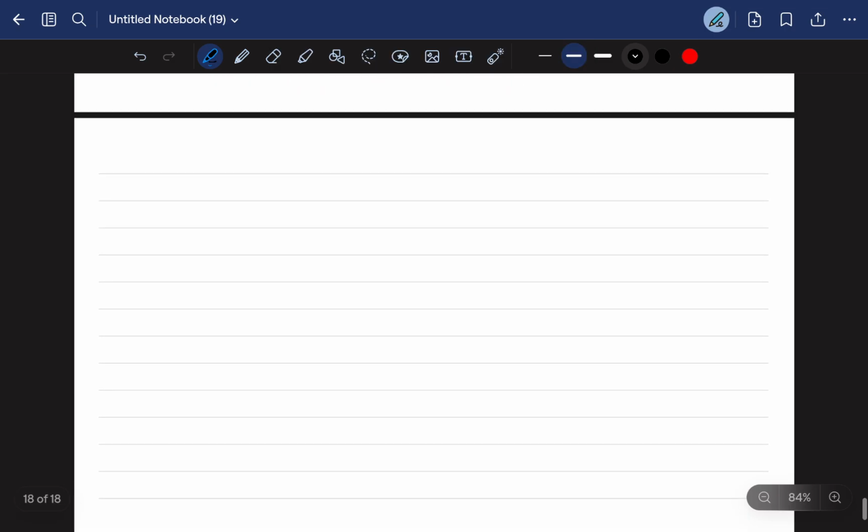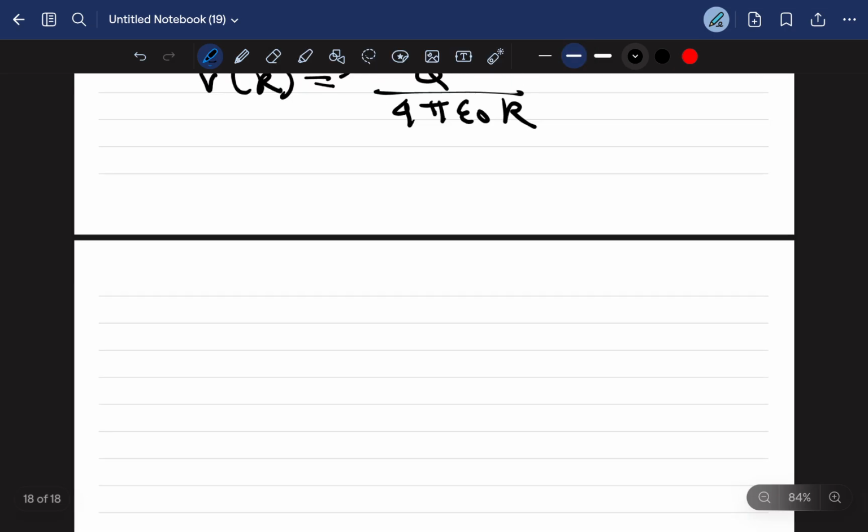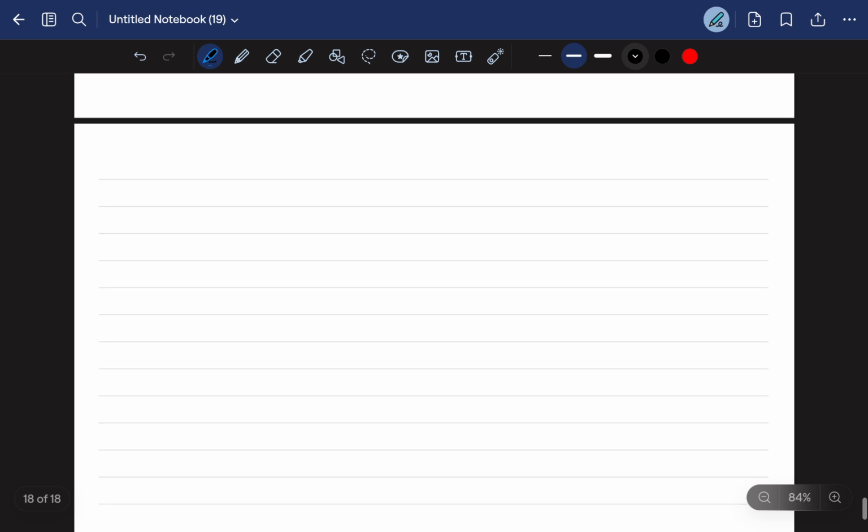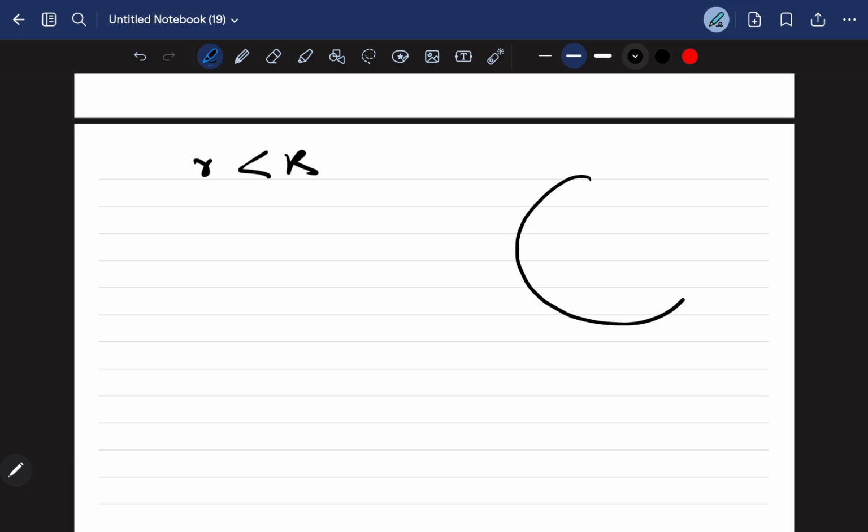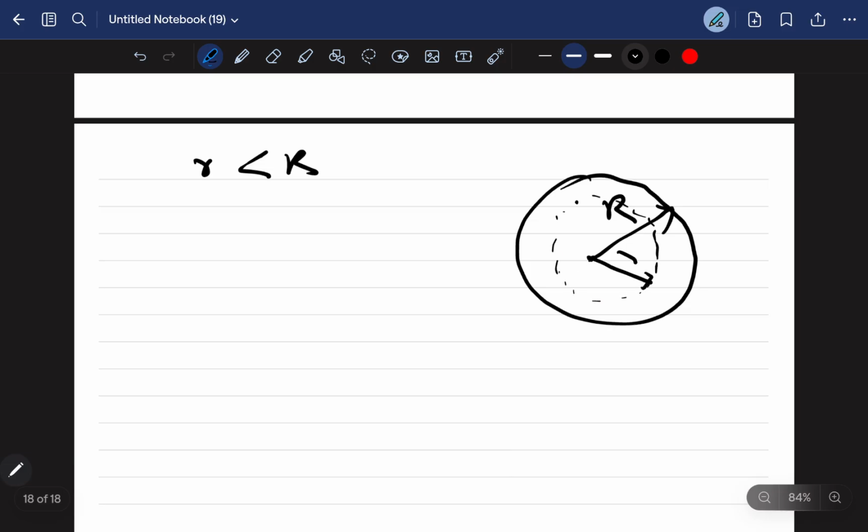Now we are calculating the potential for r less than R, meaning inside the charged sphere. This is a charged sphere of radius R. For r less than R, we draw a spherical Gaussian surface of radius small r.